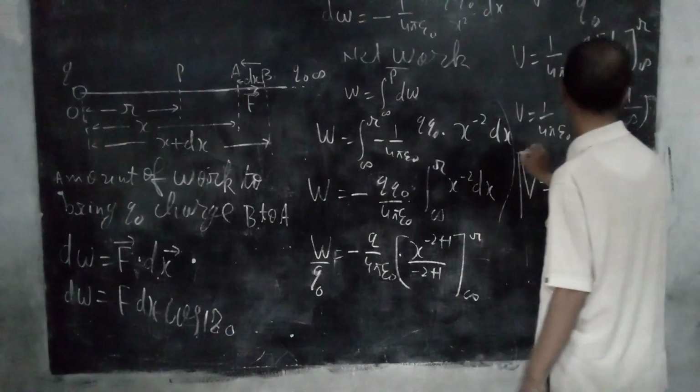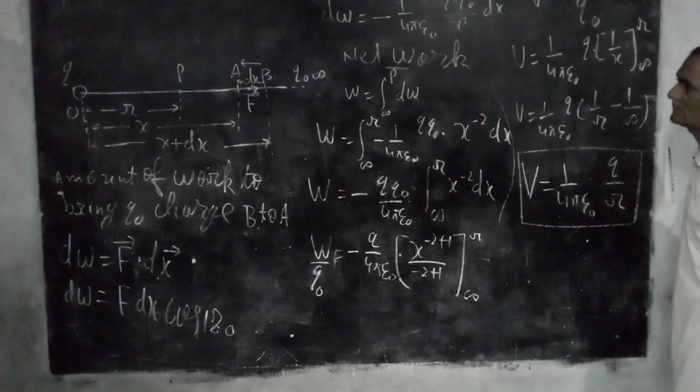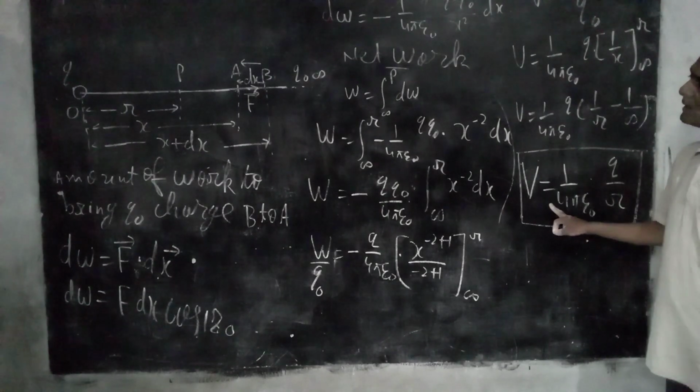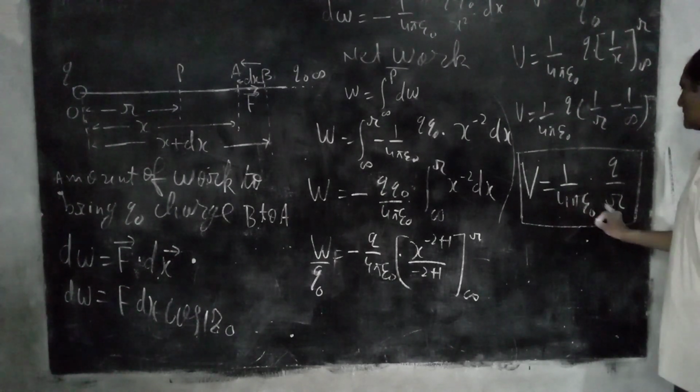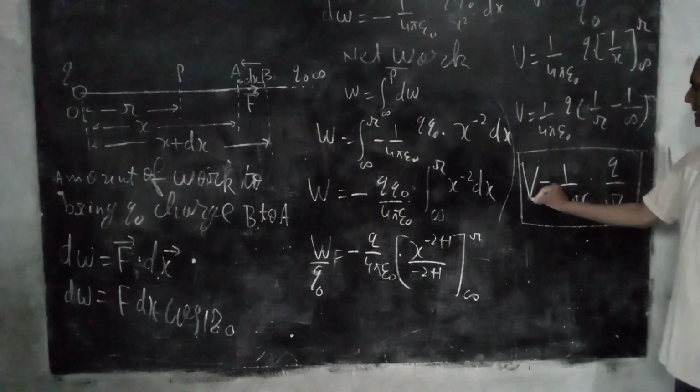This is the expression for electric potential due to a point charge at distance r from the point charge.